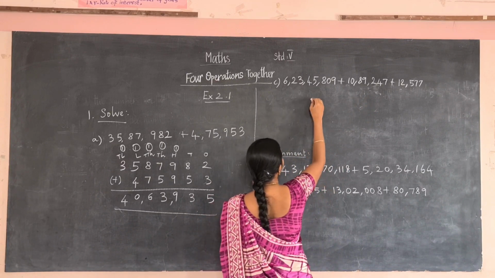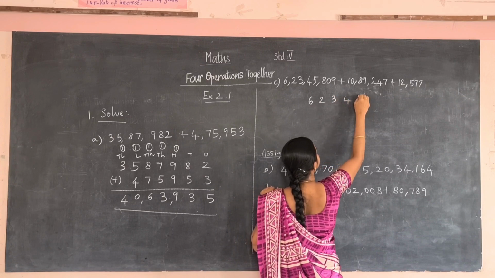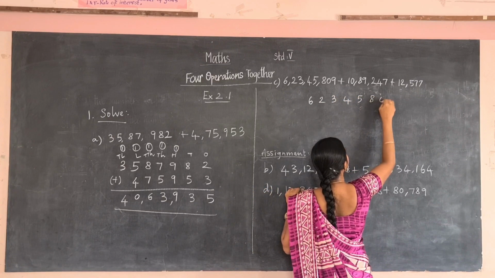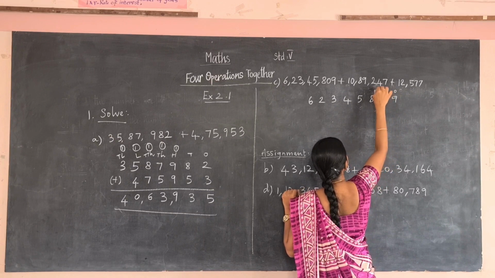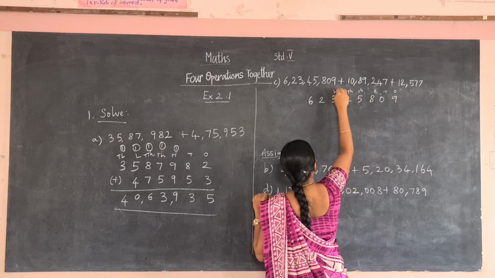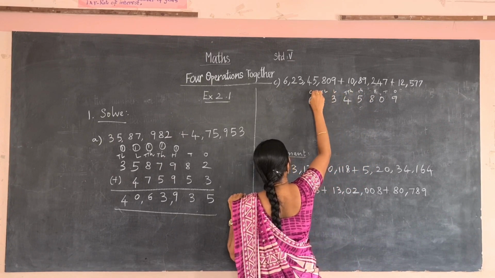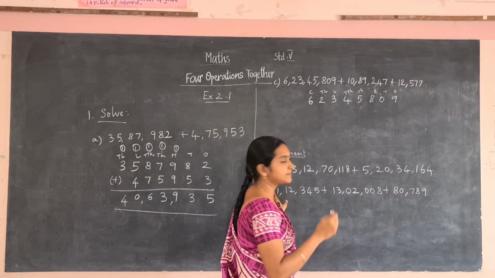So write the number with the place value first. That is ones, tens, hundreds, thousands, 10,000s, lakhs, 10 lakhs and crore. For the second number, you have to start writing from the right.